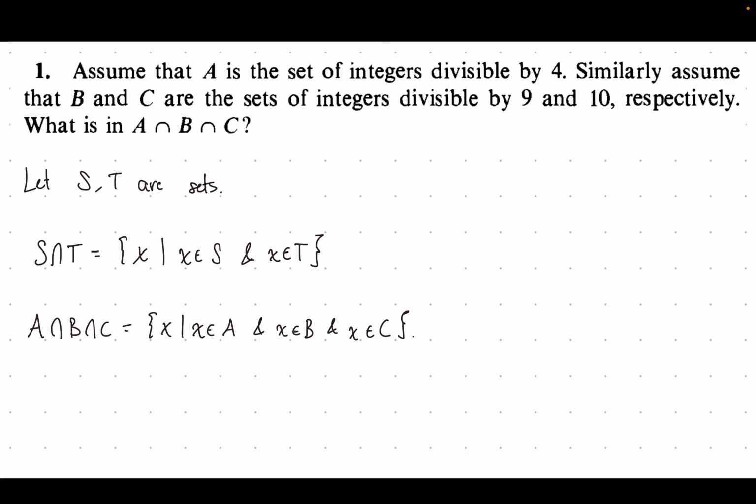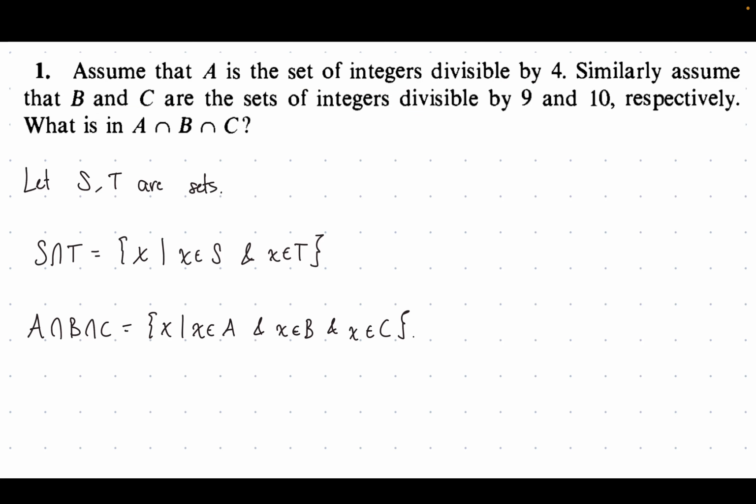So one thing you could answer is, well, it's whatever is in all these three sets. But there's a little bit more nuance to this question, of course, since we get actual descriptions of what is contained in all of these sets. So A specifically contains all integers divisible by 4. B and C contain all integers divisible by 9 and 10, respectively.